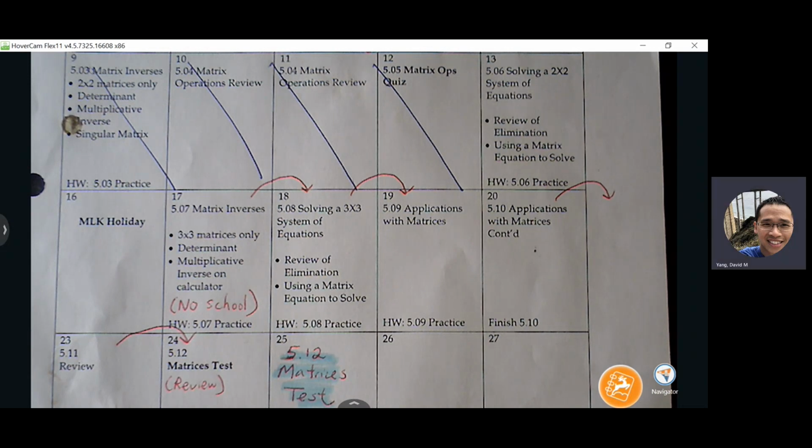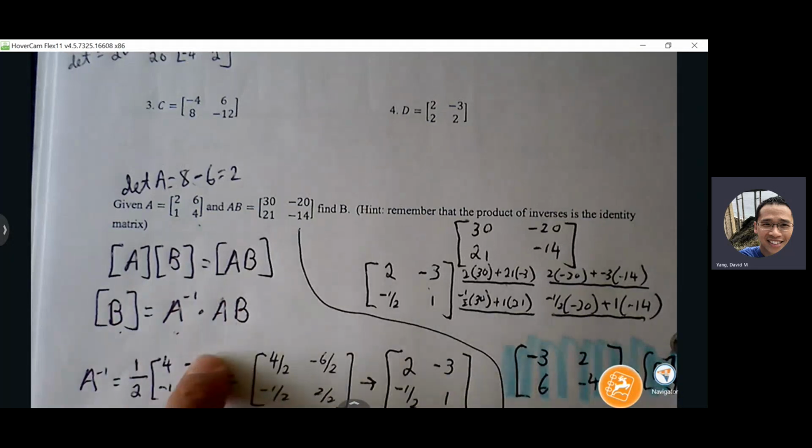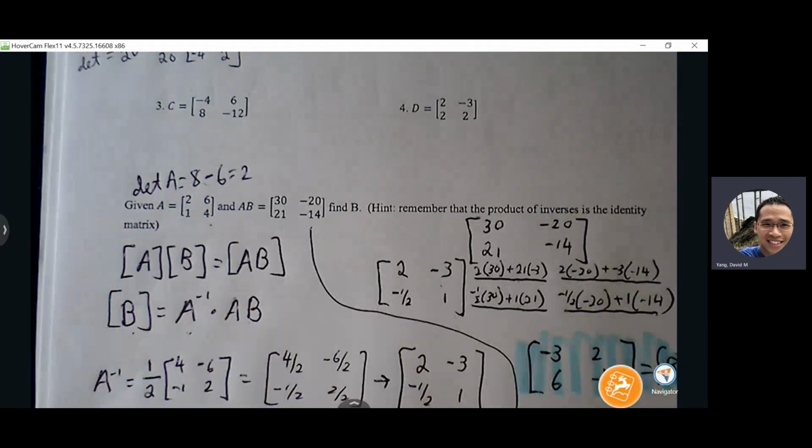Okay. Now let me just talk about the big picture in terms of what we're doing today in terms of the work. We already know how to do this, but let me talk about the big picture so you can have an idea that we're not doing anything new. Remember, this is on page 10. I talked about how if I want to multiply matrices, I can multiply to get my resulting matrix.